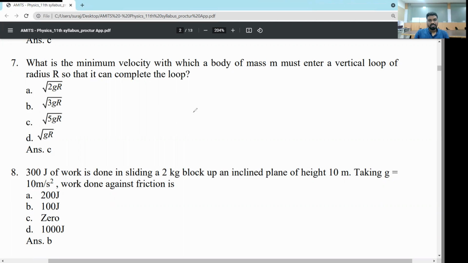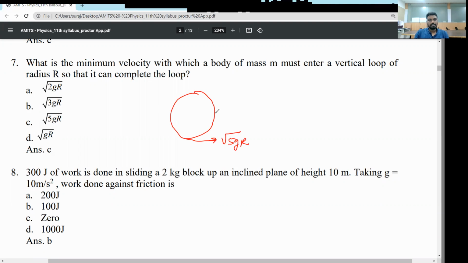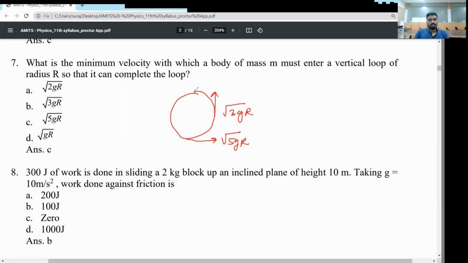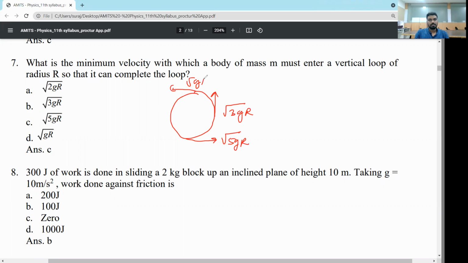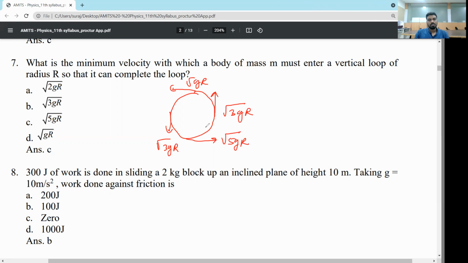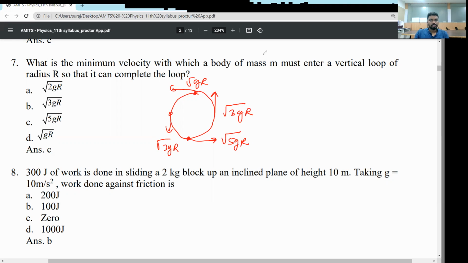This is a question based on critical vertical circular motion. Directly, this is root 5 gr at the lowest point, root 3 gr at the midpoint, and root gr at the highest point.